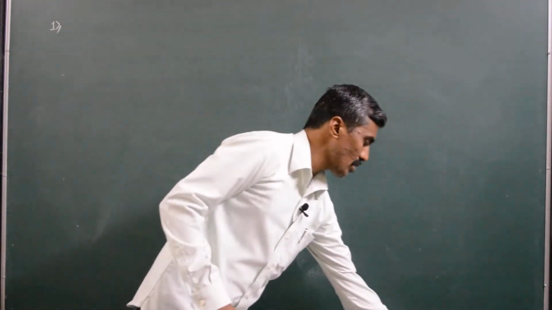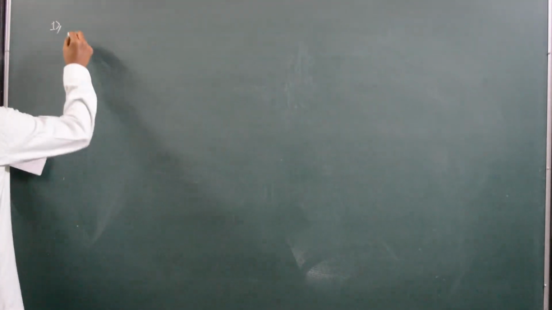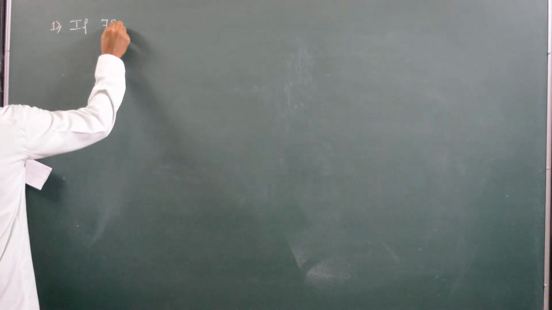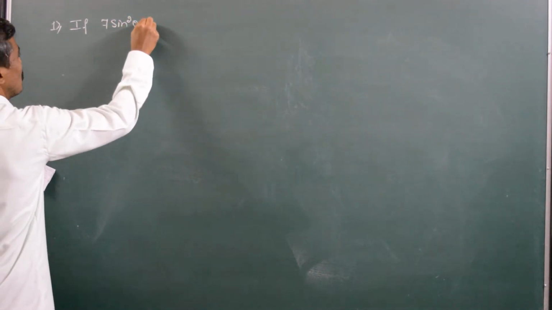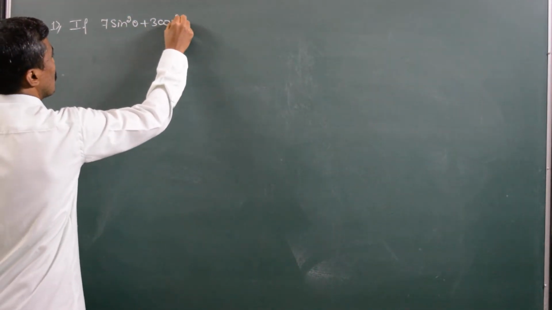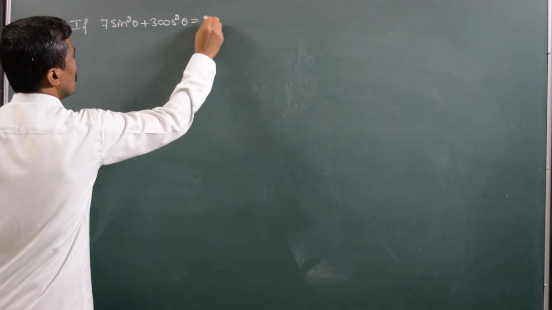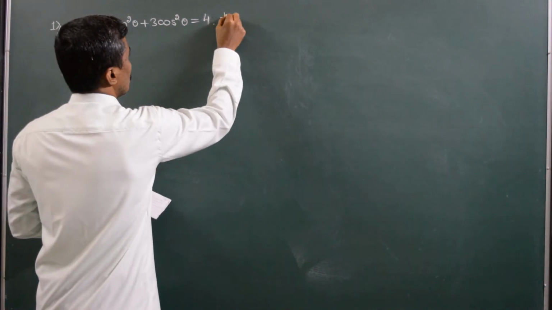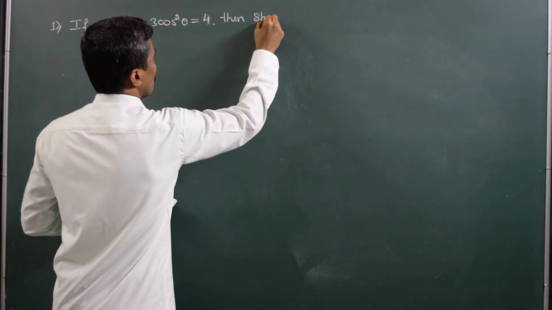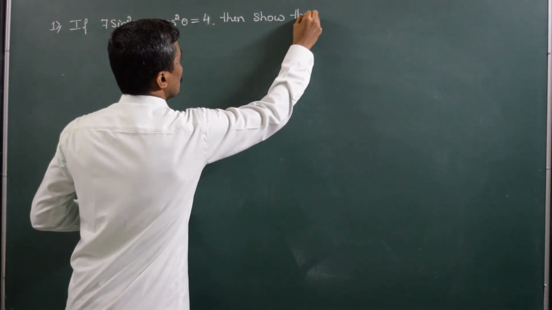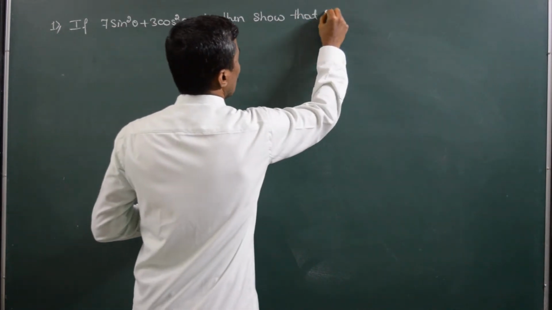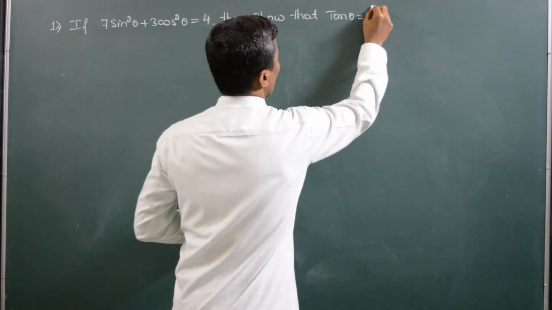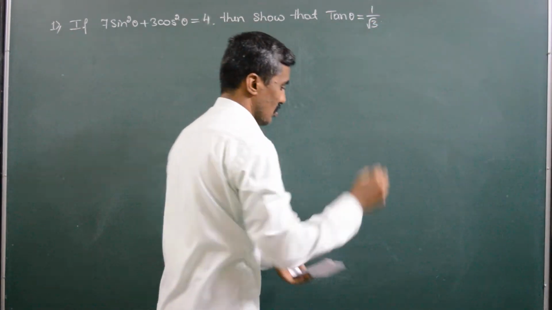Next I will discuss two problems. First problem: if 7 sin square theta plus 3 cos square theta is equal to 4, then show that tan theta is equal to 1 by root 3.